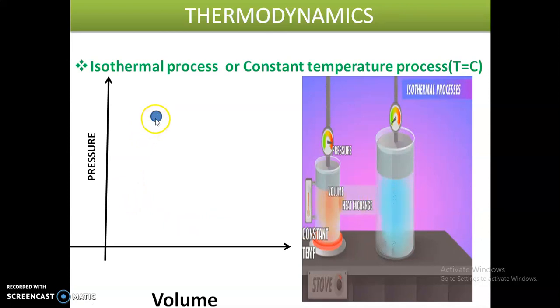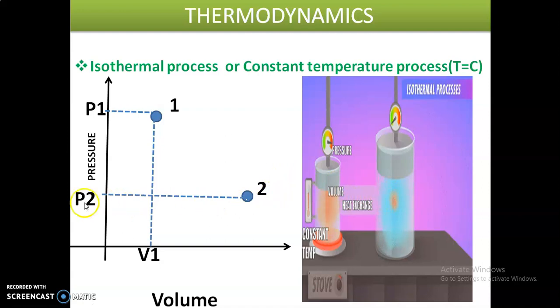At state 2, the pressure will be P2 and the volume will be V2. If we join these two points, this is the isothermal expansion curve. So this is the PV diagram of the isothermal process, or constant temperature process.